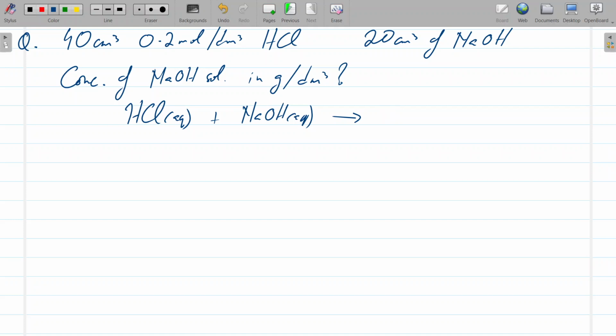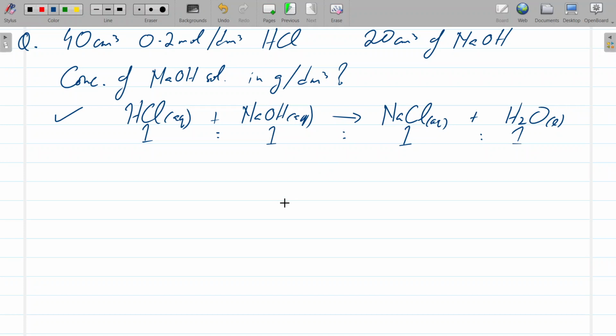Salt, NaCl, yes, plus H2O. Okay. And this is also aqueous, and this is a liquid, right? Is it balanced? Yeah, it's balanced. And so you have a ratio of 1 to 1 to 1 to 1, right? So they're all 1 mole each.